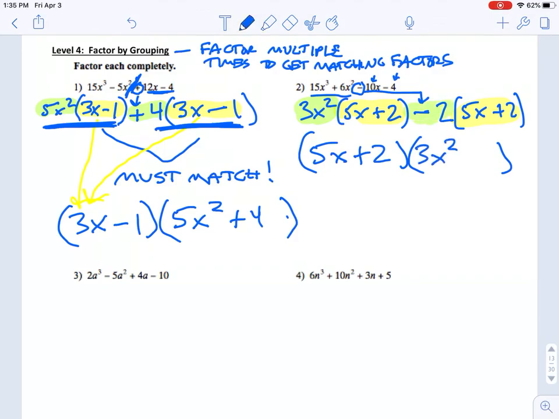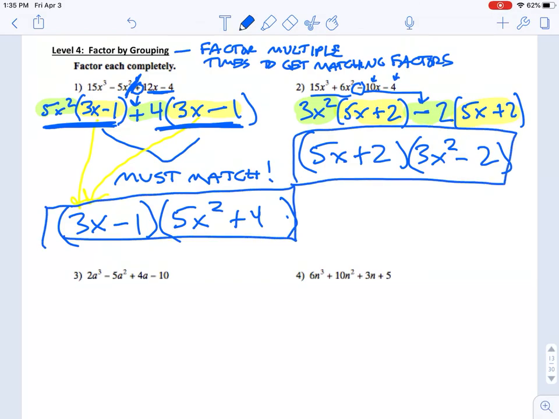And so that's going to go in the second set. And so here are the two answers for these two examples. And that's essentially how grouping works. It does get more involved and complicated as you progress through the levels of math, like Algebra 2 and pre-calculus and so forth. But for now, this is what you guys are going to see here in Algebra 1. Okay? All right.